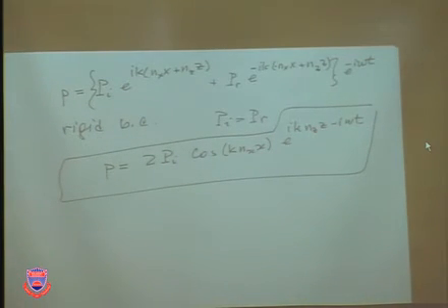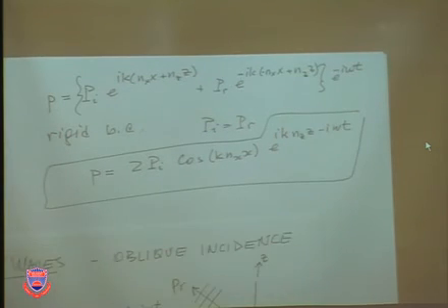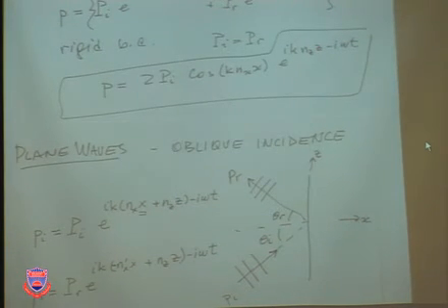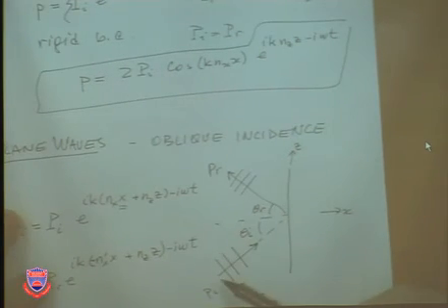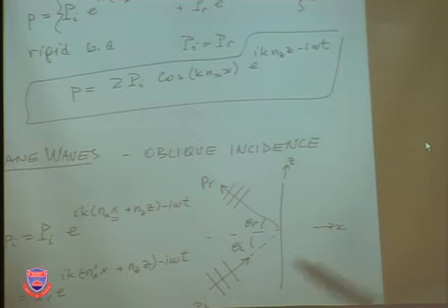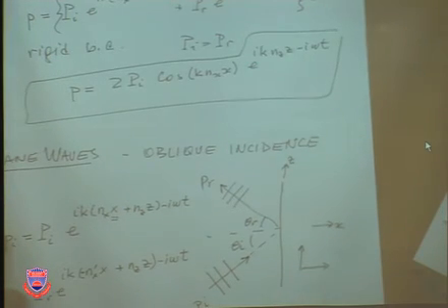this. I want to describe something here before I let you go. When you look at the incident wave, you can think about it in terms of a component propagating in the z direction and a component propagating towards the boundary.